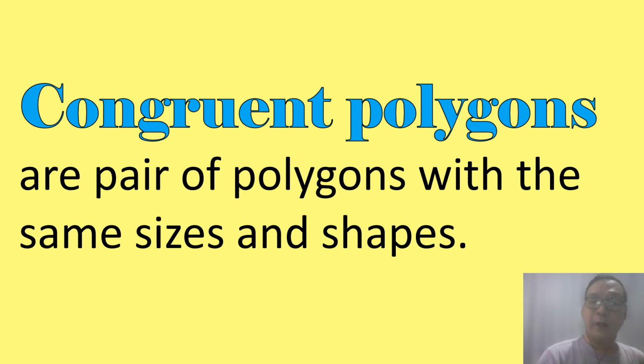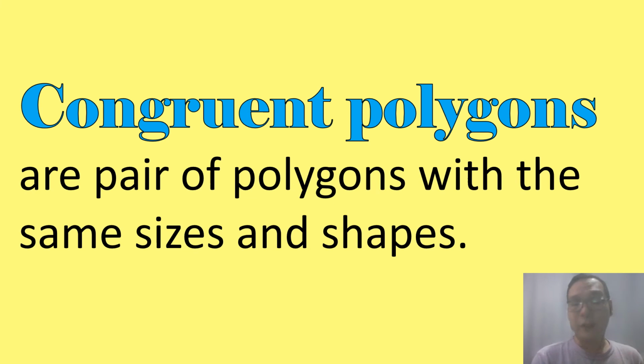If two polygons have the same size, the same shape, the same measurement, and when we put them on top of each other the two polygons fit together, then that pair of polygons is what we call congruent polygons. Ano?